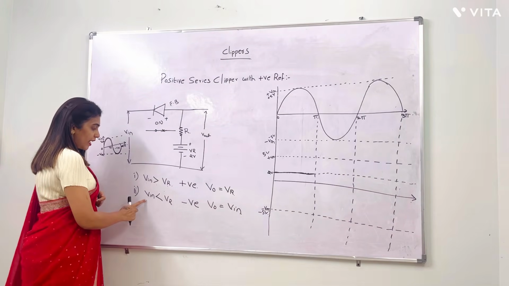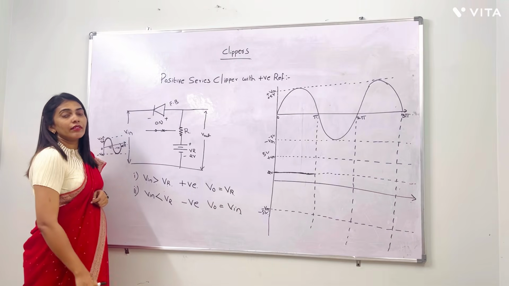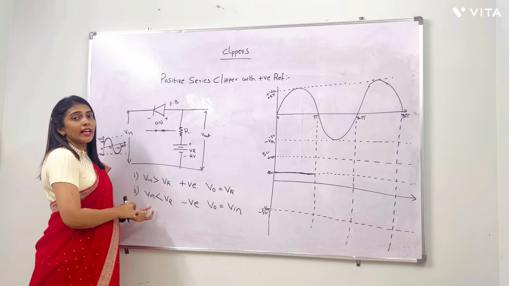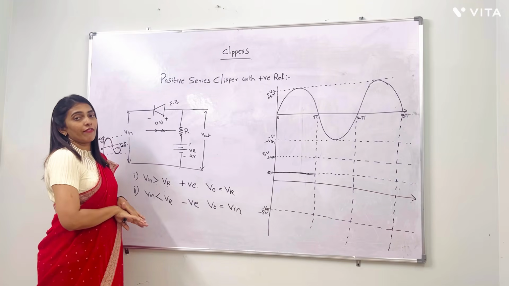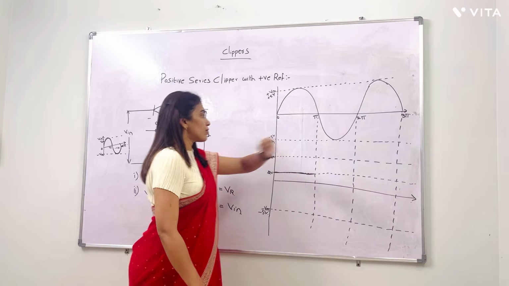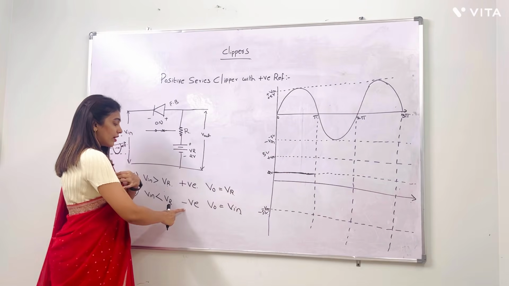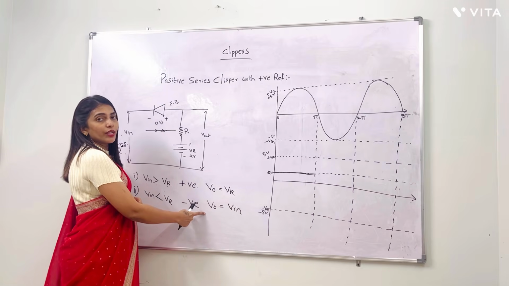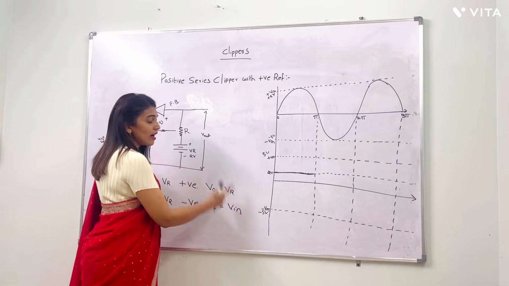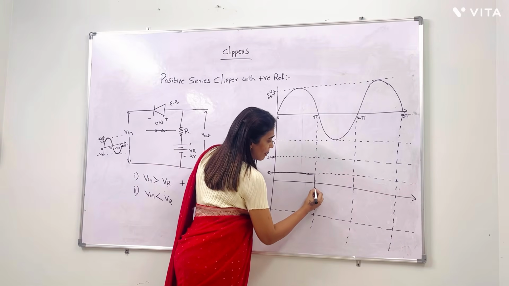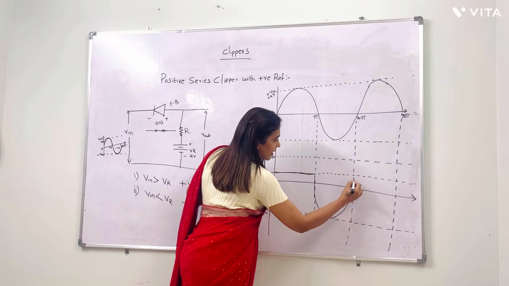Next, Vin less than VR means the input voltage is less than the reference voltage, which means the input is on the negative side. If the input is on the negative side, then obviously the output is the same as the input voltage, like this.